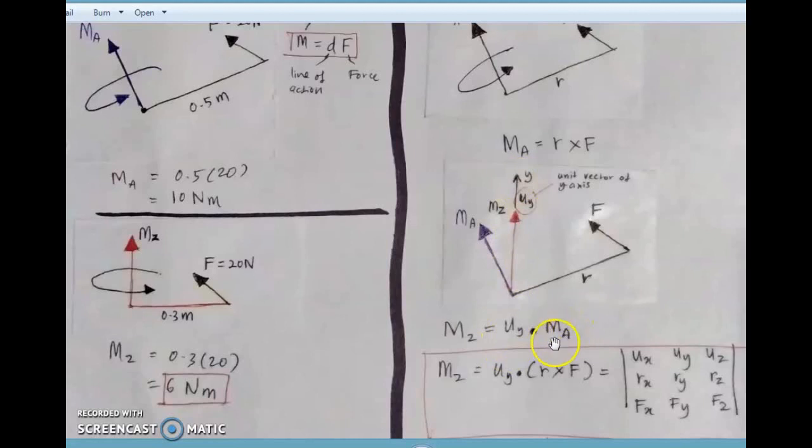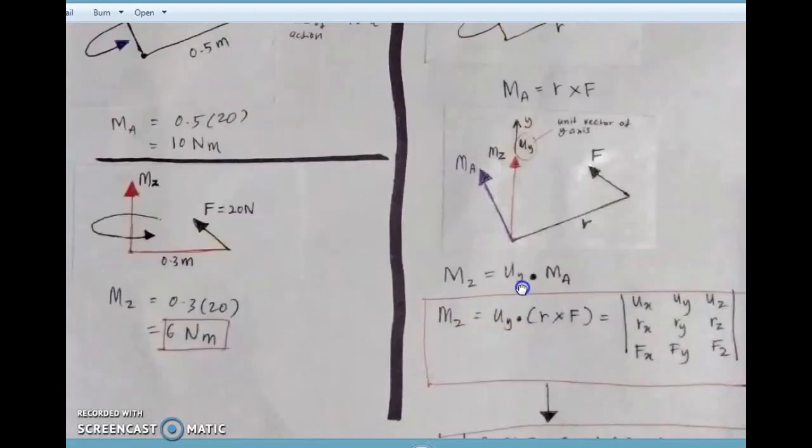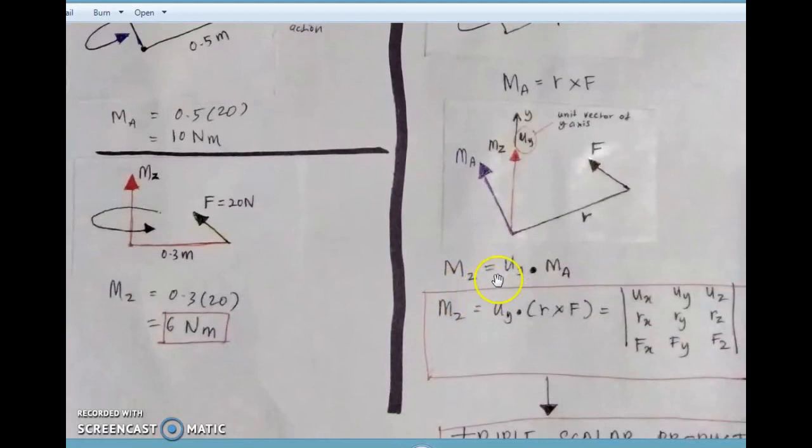So this will produce the answer for the moment about the axis of y. So MZ is equal to the unit vector at the axis of y, dot product with the moment MA.